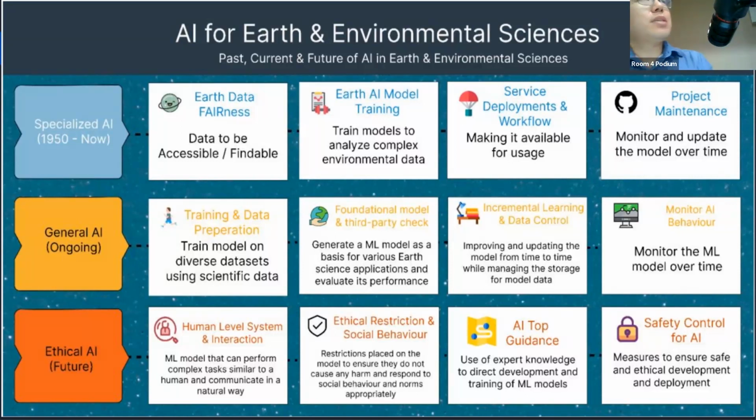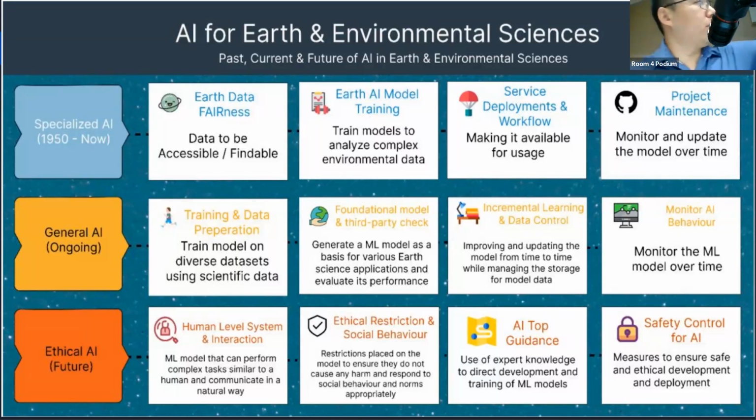So we summarized what we have done as a community since the 1950s. That's when the original idea of machine learning started, as a kind of checkers-playing practice.